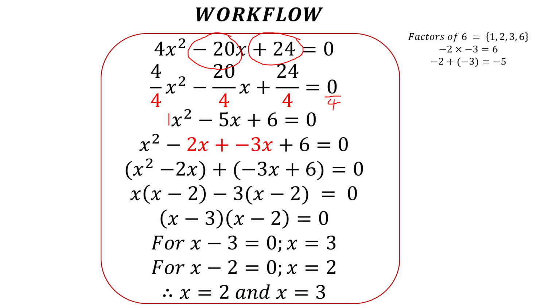You would have found two factors out of the factors of 96 which, when you add, give negative 20, but when you multiply, give the product of 4 and 24, which is the 96 you got at the start. I'll illustrate this in the next example, but basically this is how this example can be dealt with.